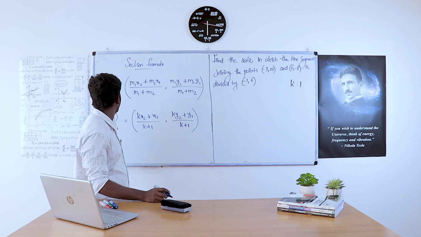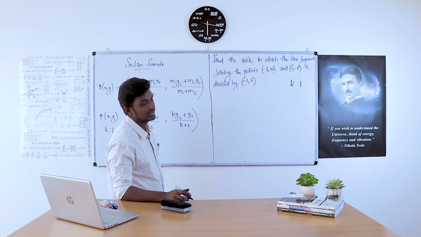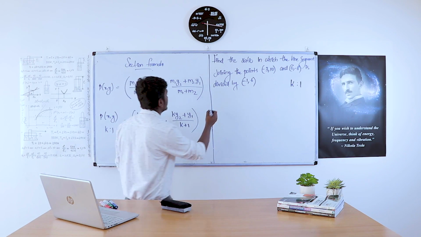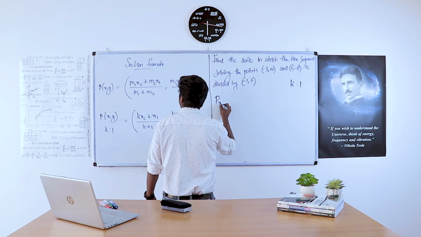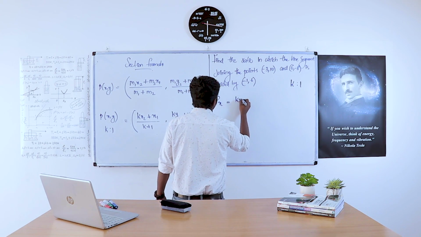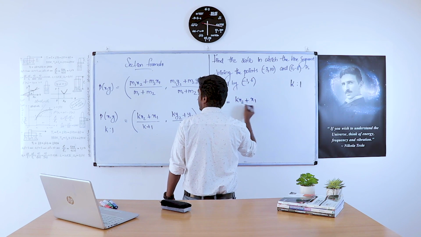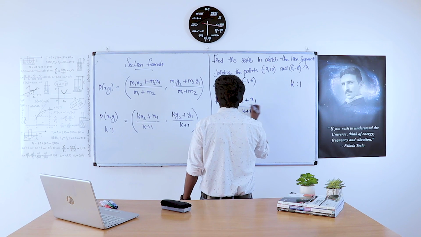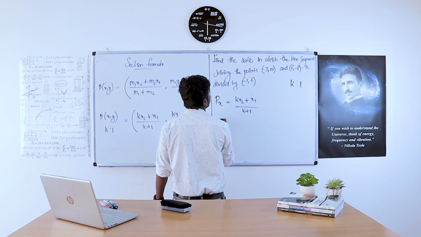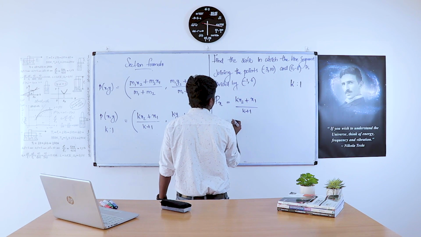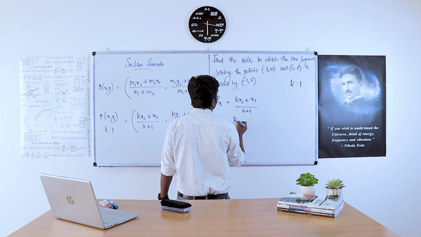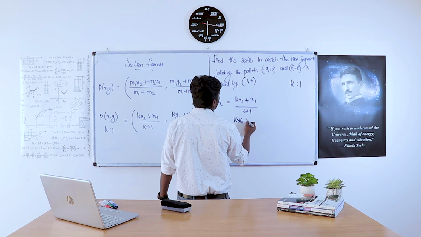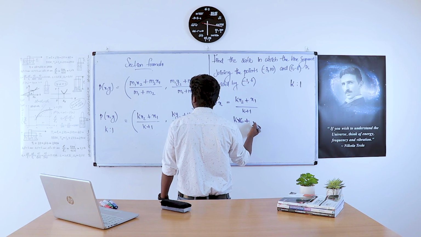So if the ratio is k is to 1, then we can substitute. Px is equal to (k x2 + x1) divided by (k + 1). Px is already given as minus 1, equal to k into x2, which is 6, plus x1.